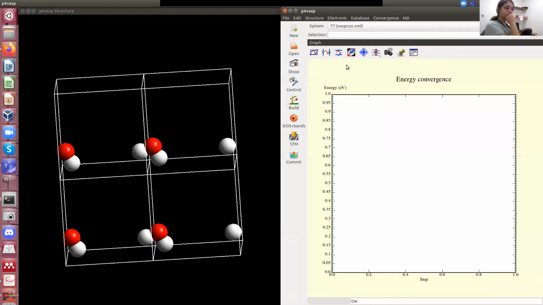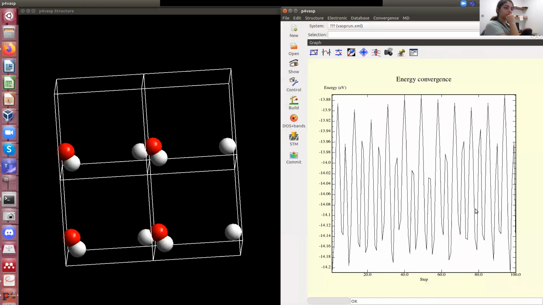But what I wanted to show you is this: this is the energy convergence. This is the energy of your system, and these are the number of steps. So basically, this is the time, because if you remember, the ab initio molecular dynamics is against time.